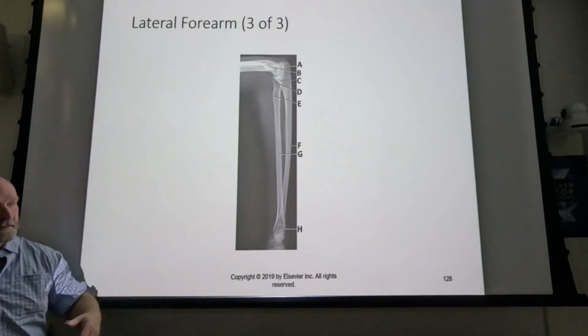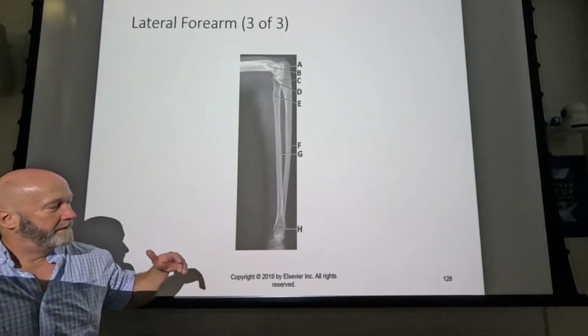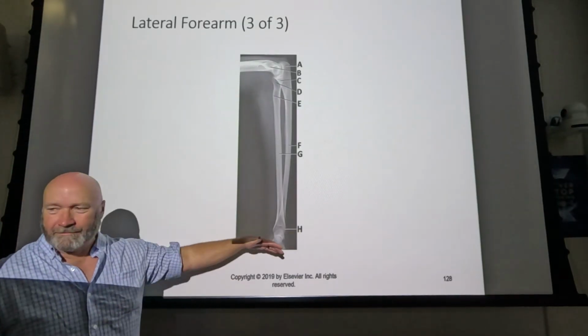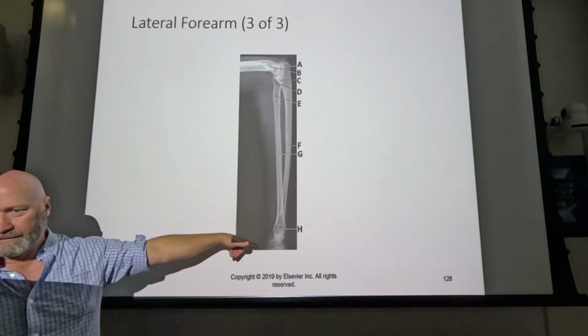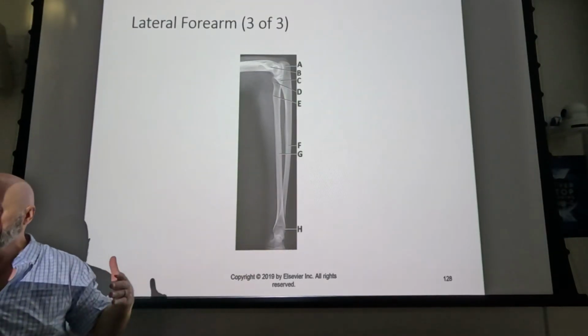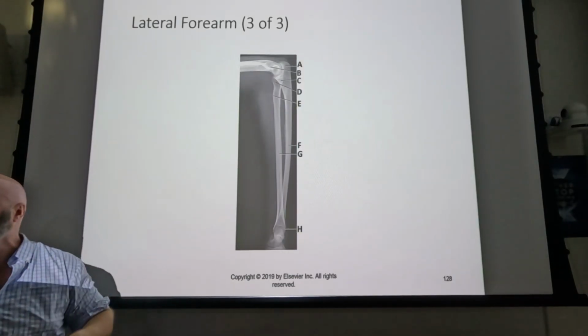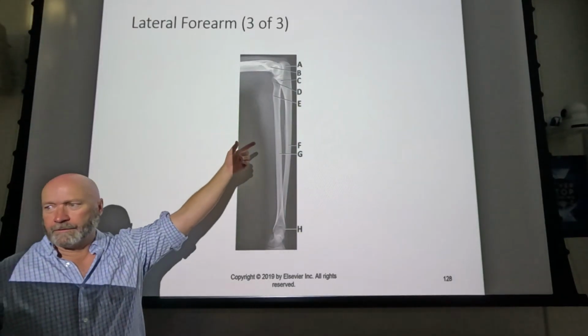Like in this case, because of the divergence of the central ray, are you going to have distortion of the wrist bones? Yeah, because of the divergence of the central ray, it's going to be as if you shot the wrist bones with an angulation on central ray. Are you going to have distortion of the elbow?